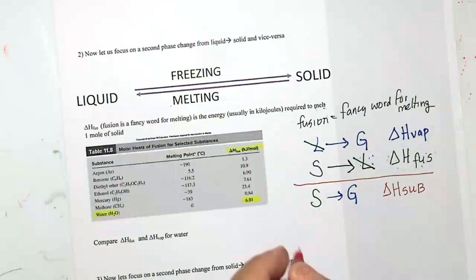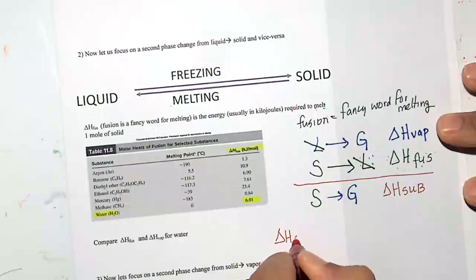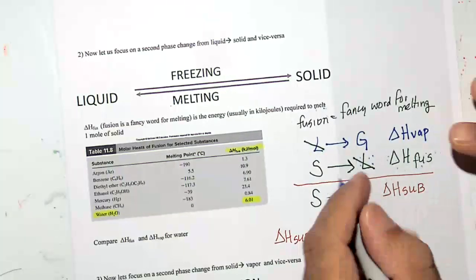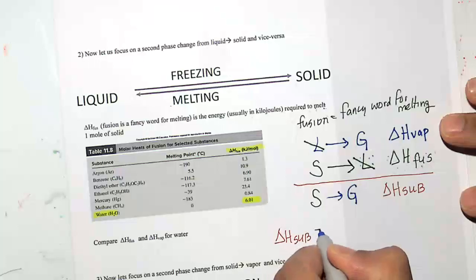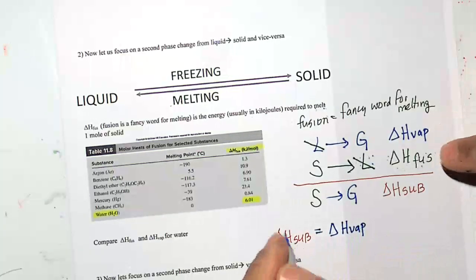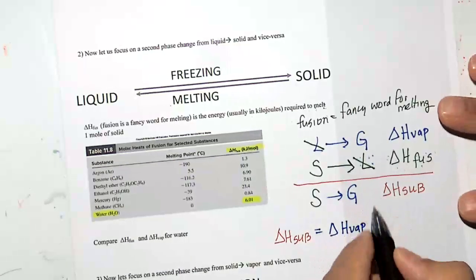And so what is sublimation equal to? To sublime 1 mole of water, or 1 mole of any substance, from a solid to a gas, all you need to do is add the delta H vaporization plus the delta H fusion.